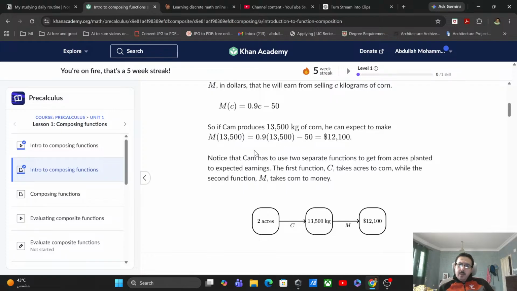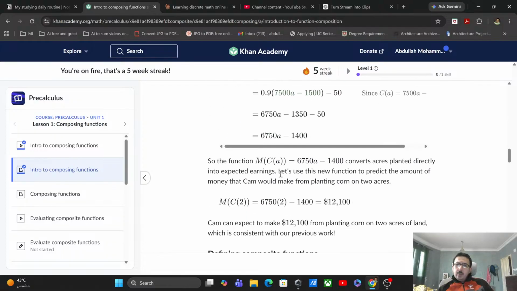Okay, test it. I get 0.9 multiplied by 1300, 500 minus 50. That's 1200. So we should get 1200.